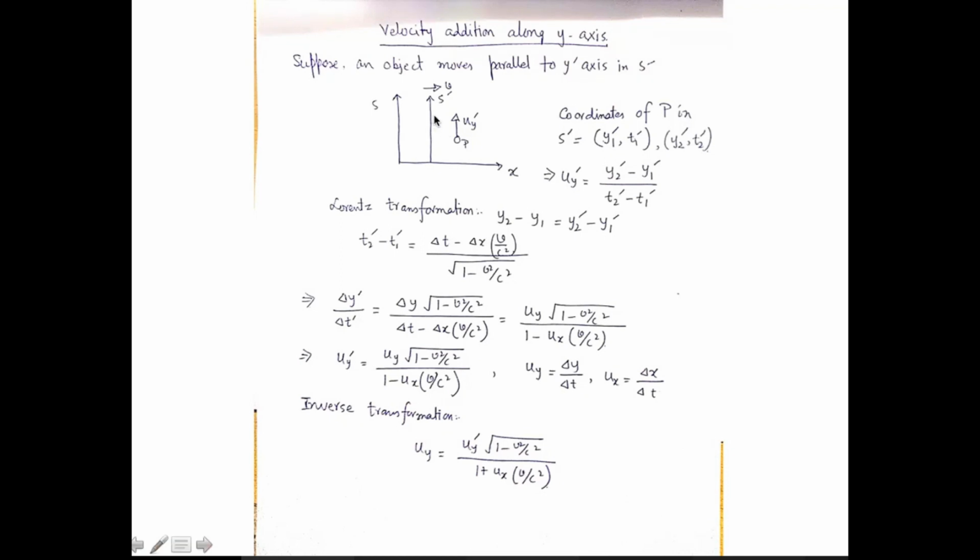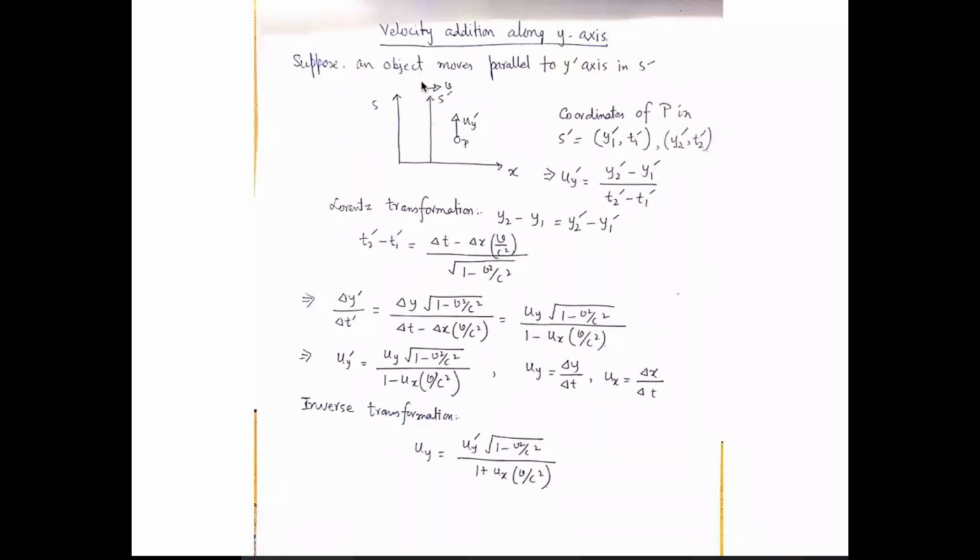In this S prime frame, this particle P is moving along the y direction with a velocity uy prime, where the frame itself, with respect to S, is moving along the x direction with a velocity v. Is this clear? Yes, sir.